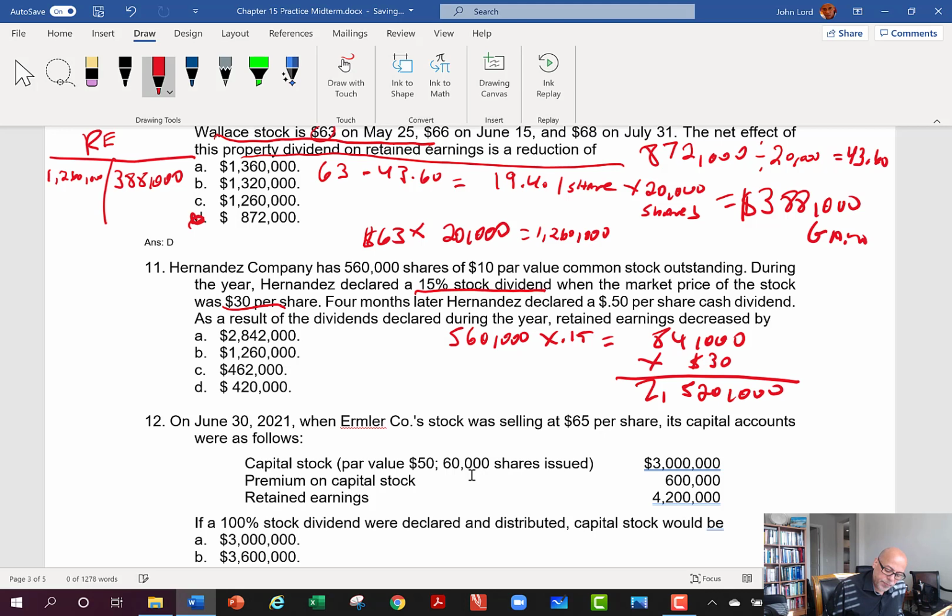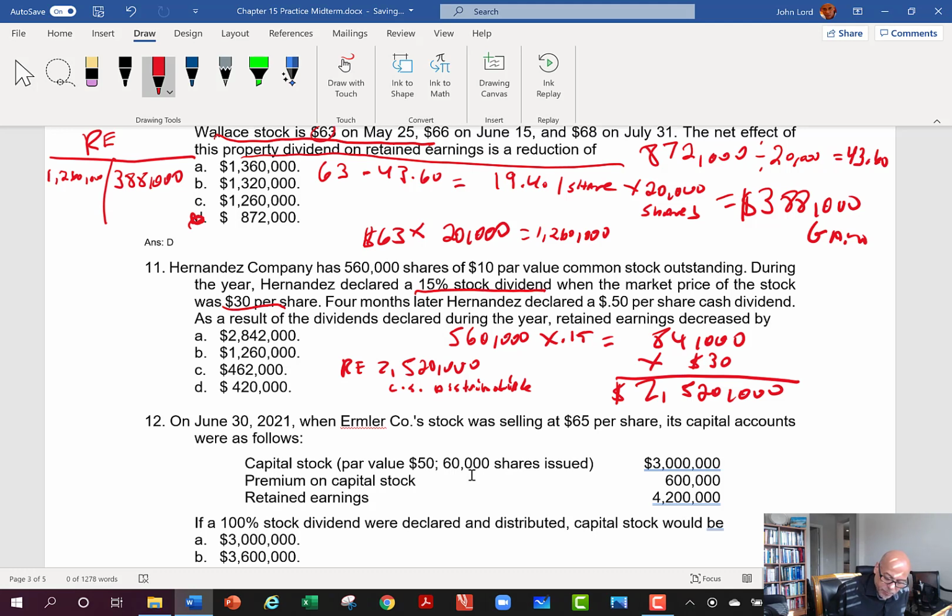$2,520,000. Okay. Now what happens? I'm going to debit my retained earnings for that full amount, $2,520,000. You didn't need this part for the answer, but I just want to review the journal entry. You credit common stock distributable at the par.